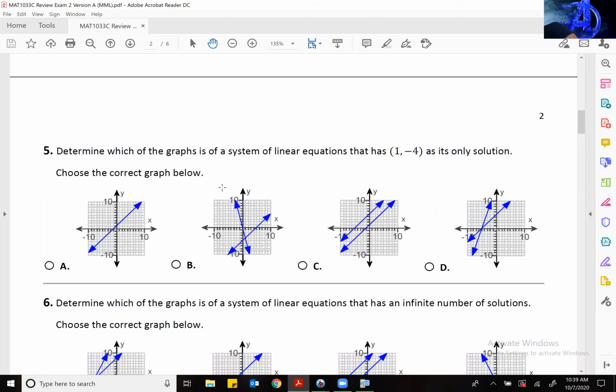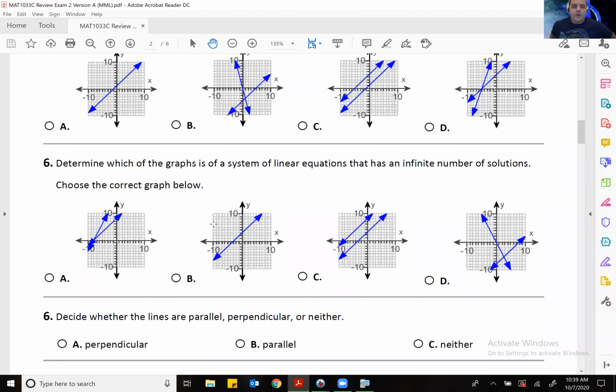All right. Moving on, number 6. Oh, another quick one. Which graph is a system that has infinite solutions? C. Which one? B. Why is B the correct answer?